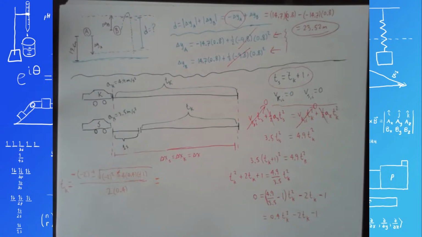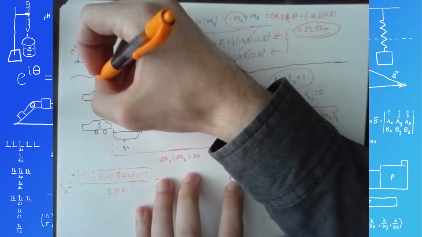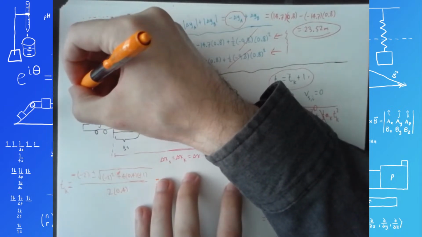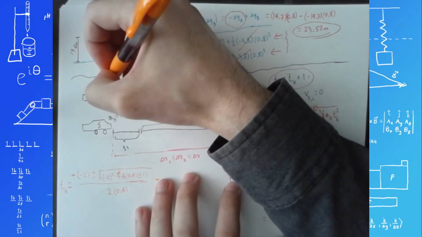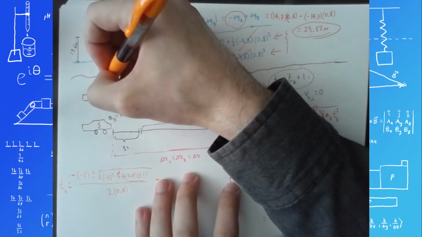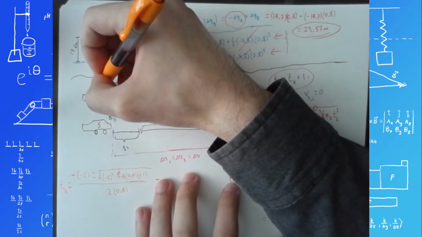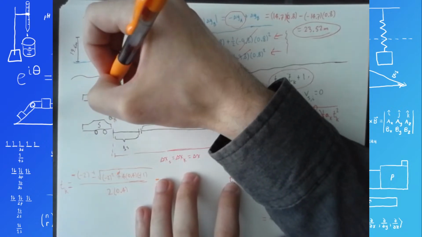In the plus case, I get 5.458. And if I copy paste it and change the plus into a minus there, in the minus case I get negative 0.458. So clearly the negative answer for us is nonsense, but if you were to plug it in, I think what you would get is how far they would have to travel if they each traveled backwards starting from the time that Kathy actually moved.